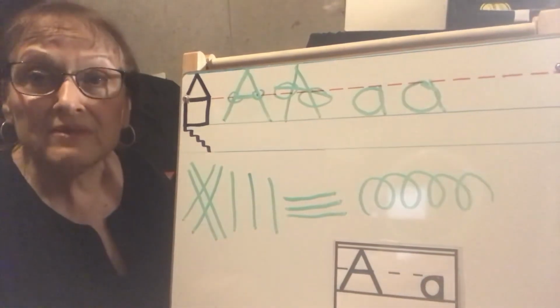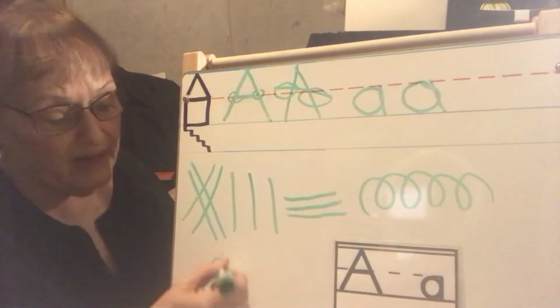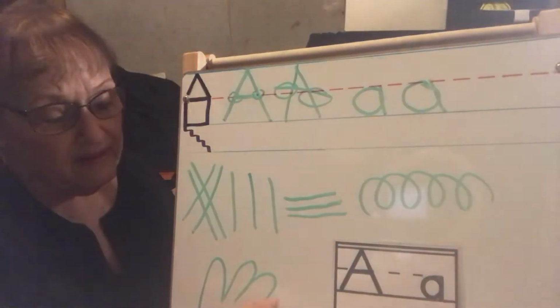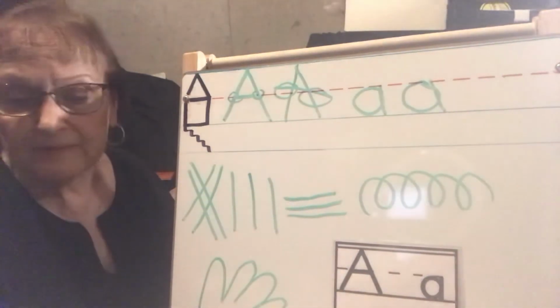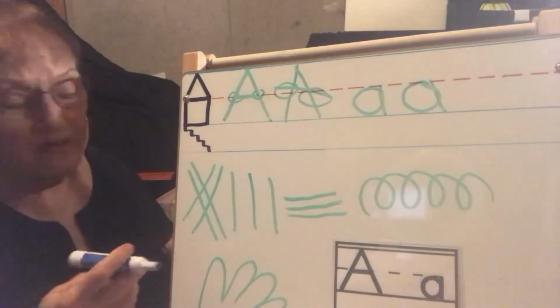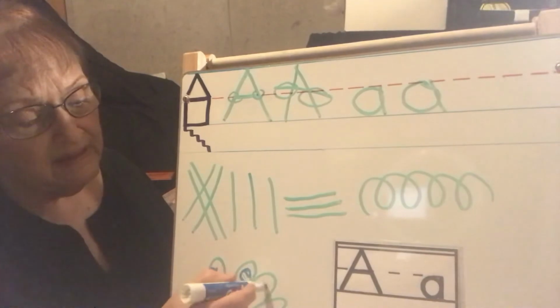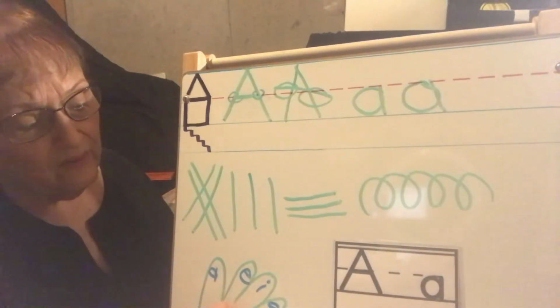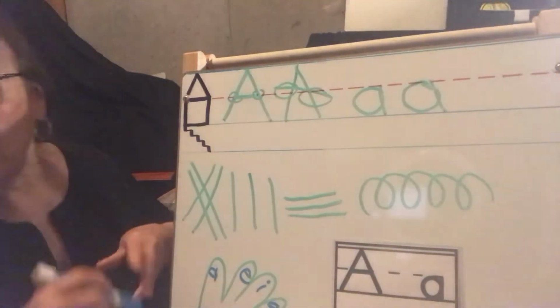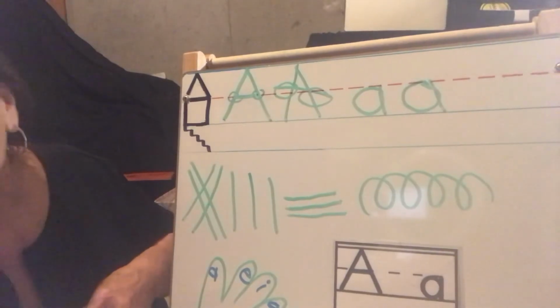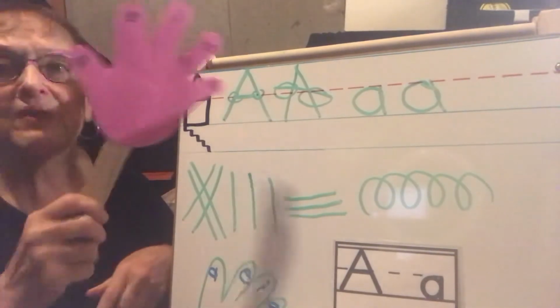One of their assignments to finish was their vowel hand. So they were supposed to trace their hand, and on their fingers, they were to make the vowels, A, E, I, O, U. We say that every day, and I have a special one, and they're trying to mimic that one.